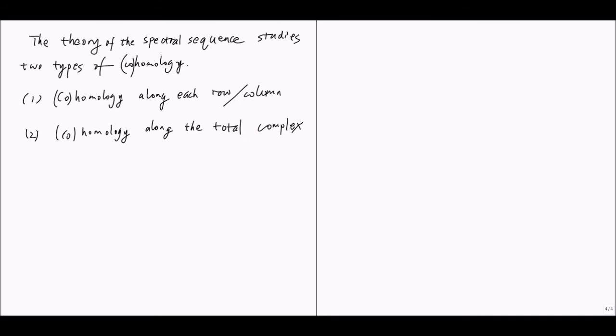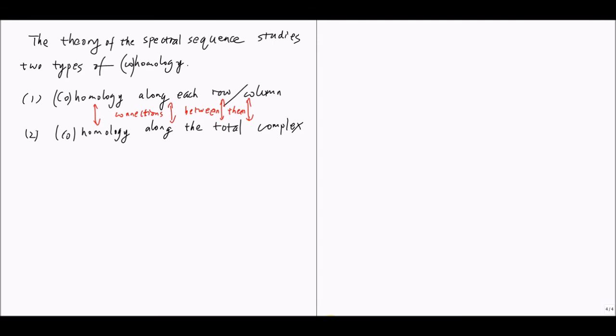And furthermore, we will study the profound relation between these two kinds of cohomologies. And the connection between them will help us do a lot of amazing things, which can be seen in the examples I will give in this lecture.